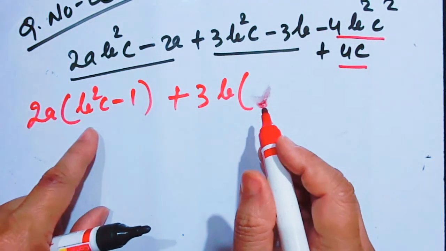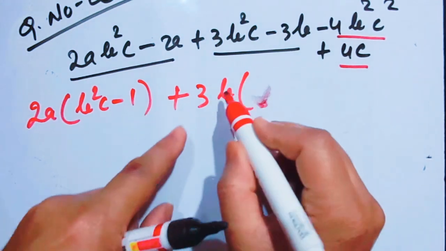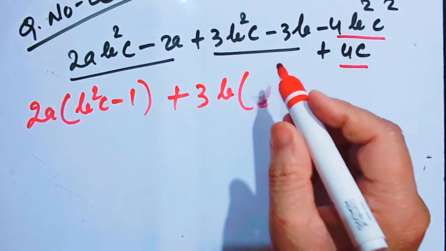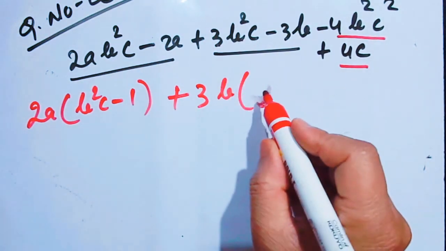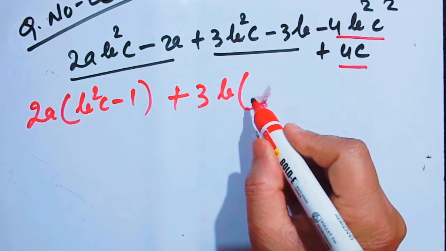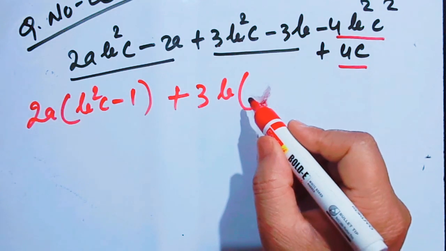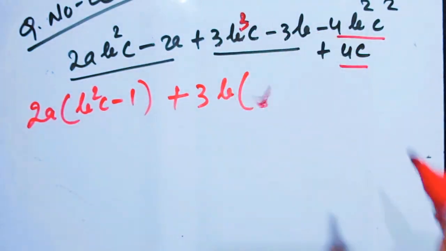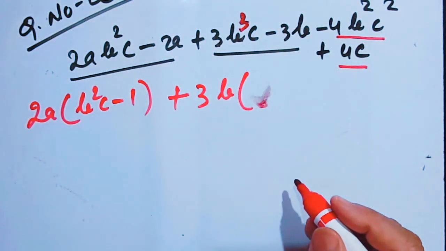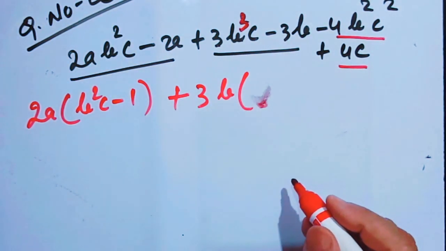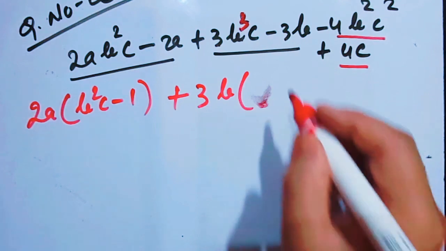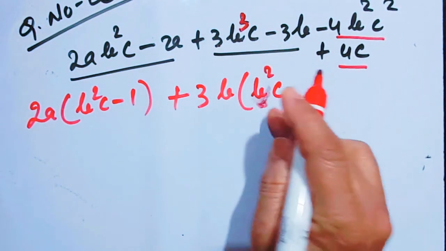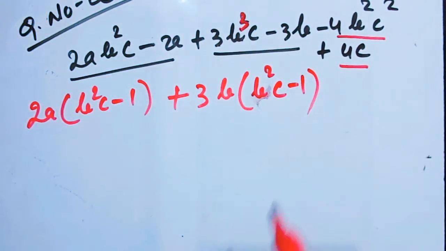If I take 3b as common, what are we going to get? My question was wrong. Here it was 3. That is why when I take 3b as common, I am going to get b square c minus 1.